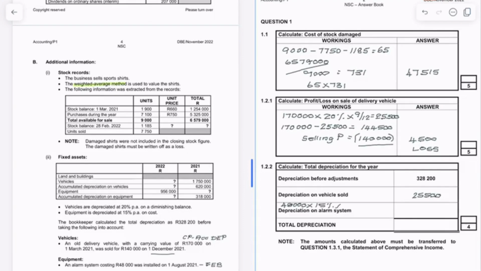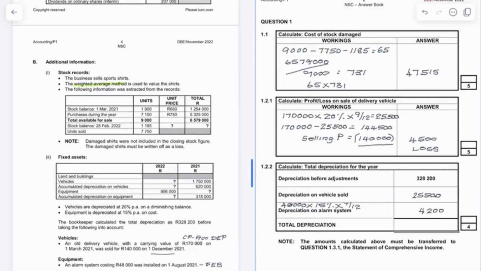And now please work out how many months did we use this alarm system. So it was from the 1st of August to the 28th of February. So we used it for 7 out of the 12 months. And that depreciation will be 4,200 Rand.